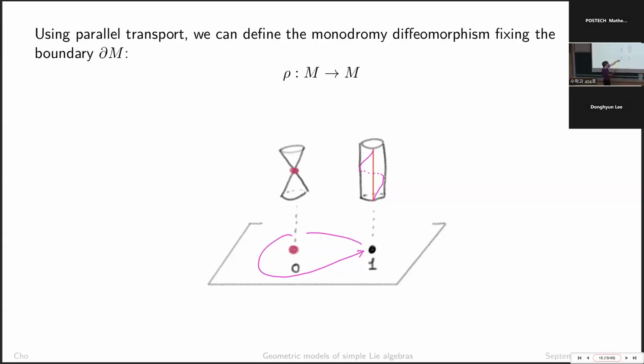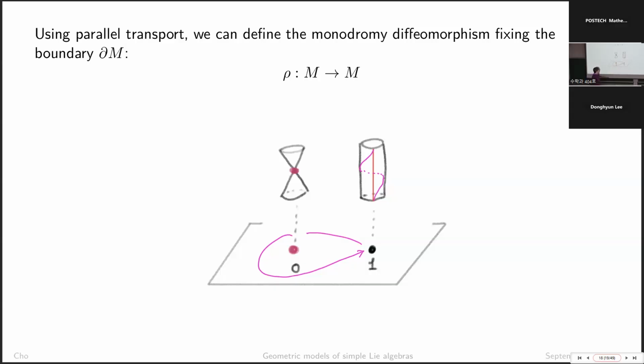When you define parallel transport, you ask the parallel transport to fix the boundary of this Milnor fiber. And in the case of Morse singularity, it's known that this vertical line gets twisted if you go around this singularity.